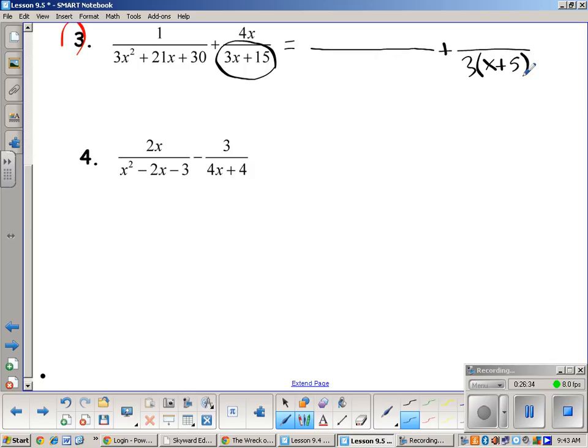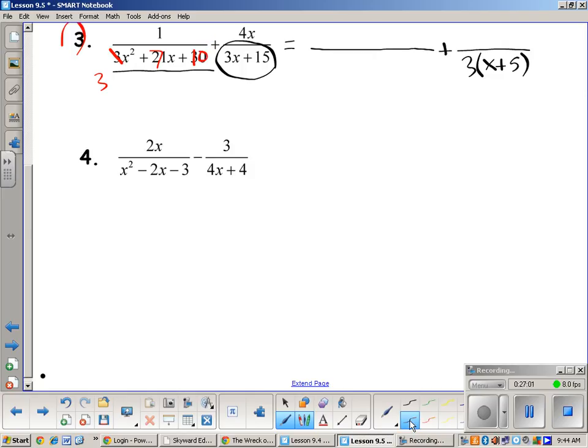Factor the easy one first. That will give you a hint that will probably make the other one easier to factor. But first of all, what does 3, 21, and 30 all have in common? A 3. So if we take that out, I'm left with 7 and 10. Do you agree? All right.